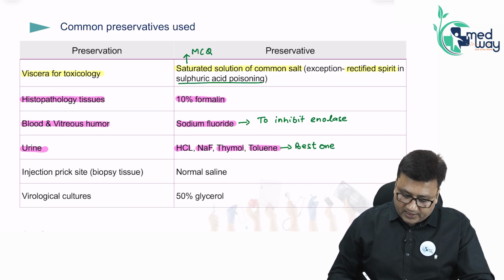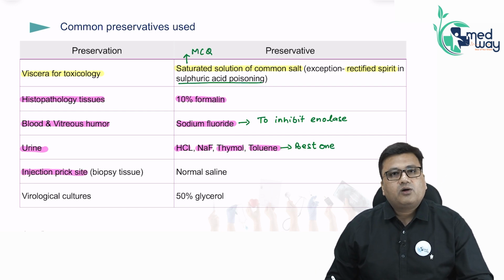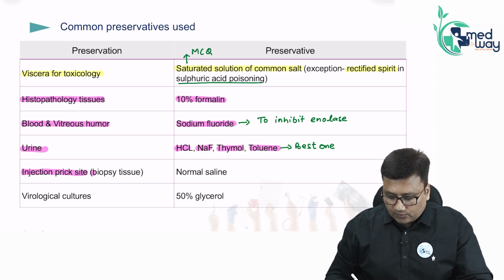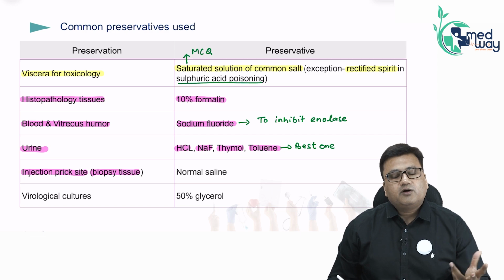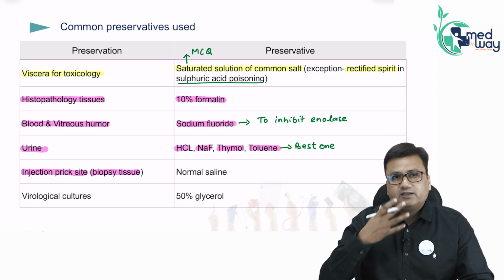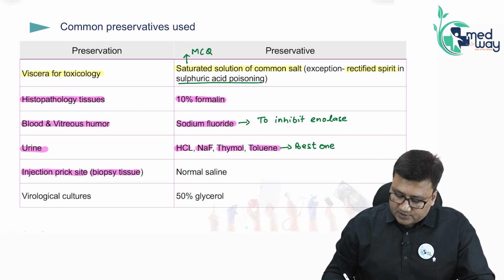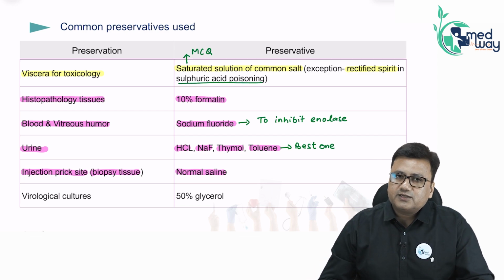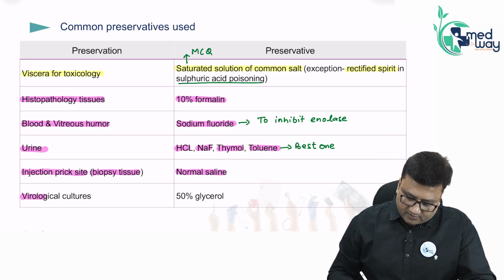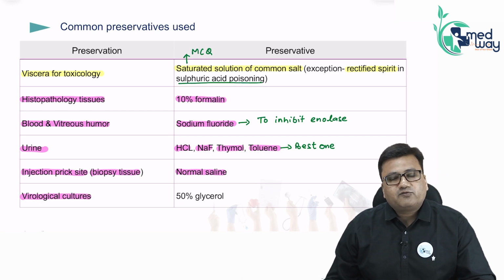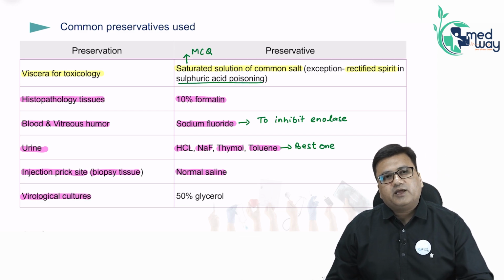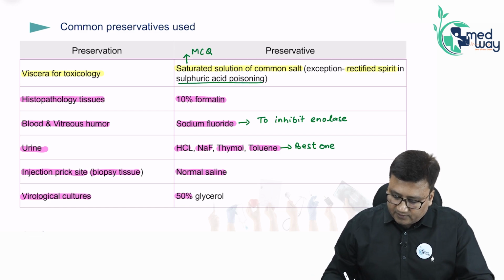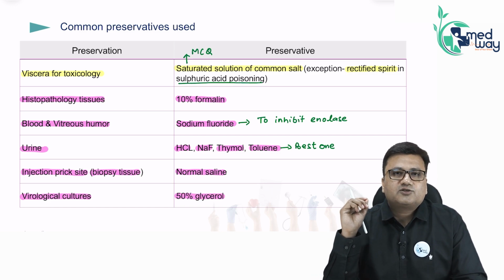Then injection prick site, any injection prick site present on the body, or if you are taking any biopsy tissue from the skin sample or any other surface of the body, you preserve it in normal saline like any other biopsy material is preserved. And if you are taking swabs for virological cultures from any of the cavities or spaces of the body, you preserve it in 50% glycerol.